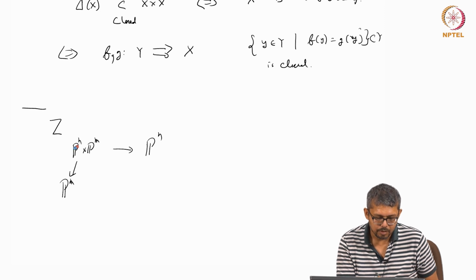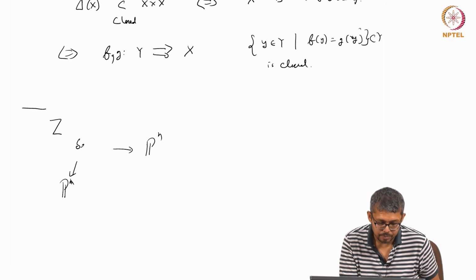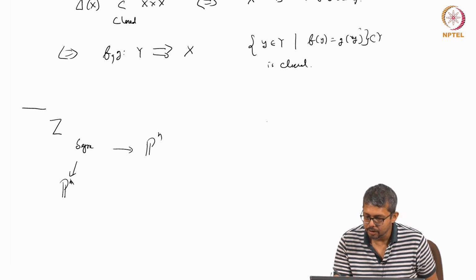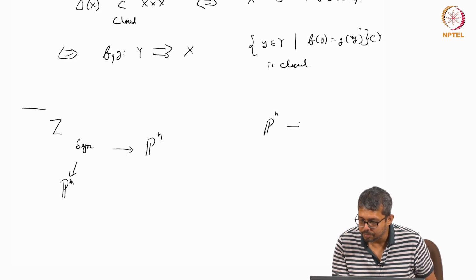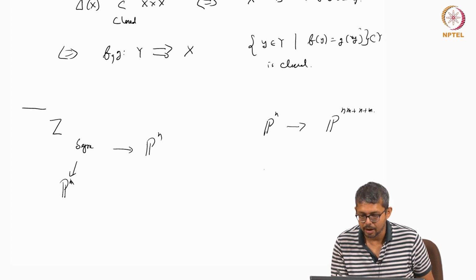So this is some Segre variety, right? You embed it into some large projective space P of n plus m plus nm. This is the map.